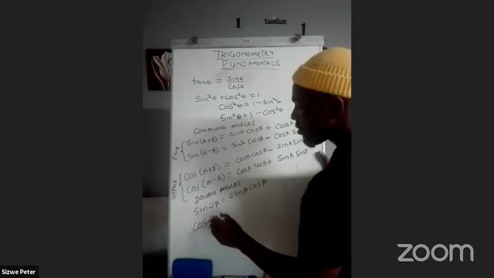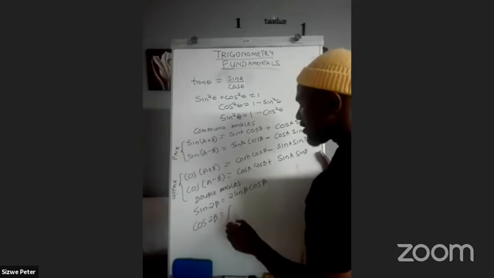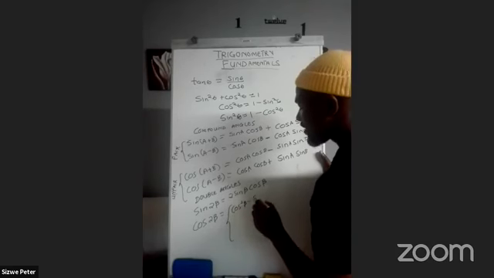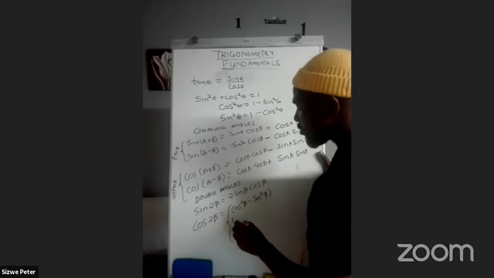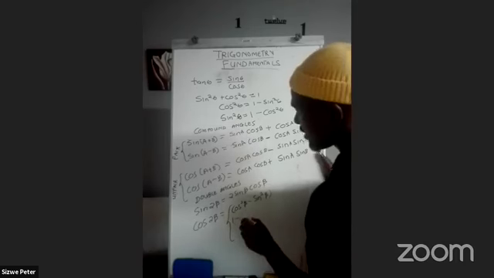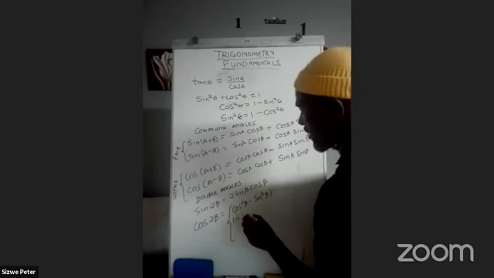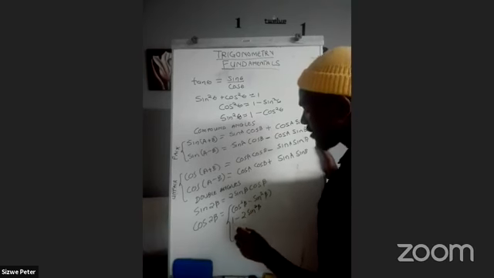Cos 2 beta, this is going to be what? It has 3 formulas. It's going to be cos squared beta minus sine squared beta. Or it's 1 minus 2 sine squared beta.